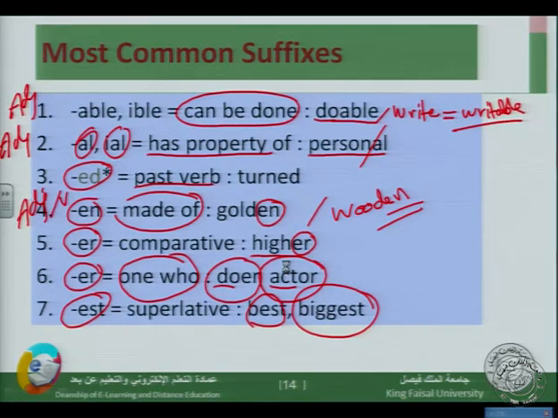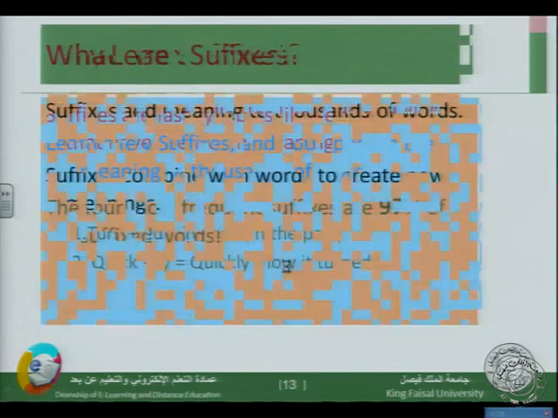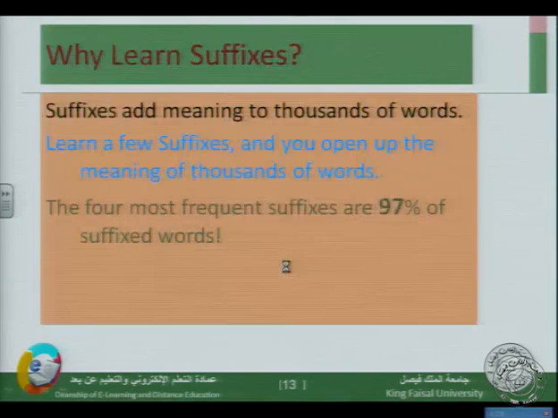The er, they are usually adjectives. And the second er is a verb. And the est is usually adjective or adverb. And the same here, it's either adjective or adverb. So I hope that you got the main idea.